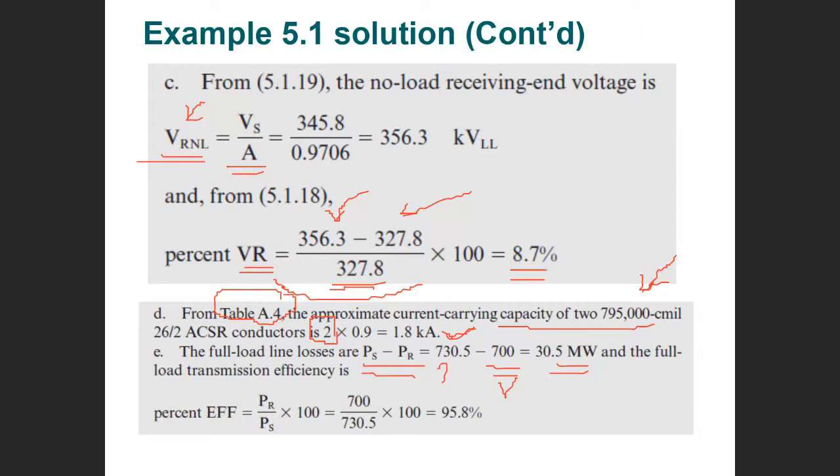Just get the difference, 30.5 megawatt. And the full load transmission line efficiency: you just simply take PR, the receiving end over the sending end. Then you get 95.8% efficiency.